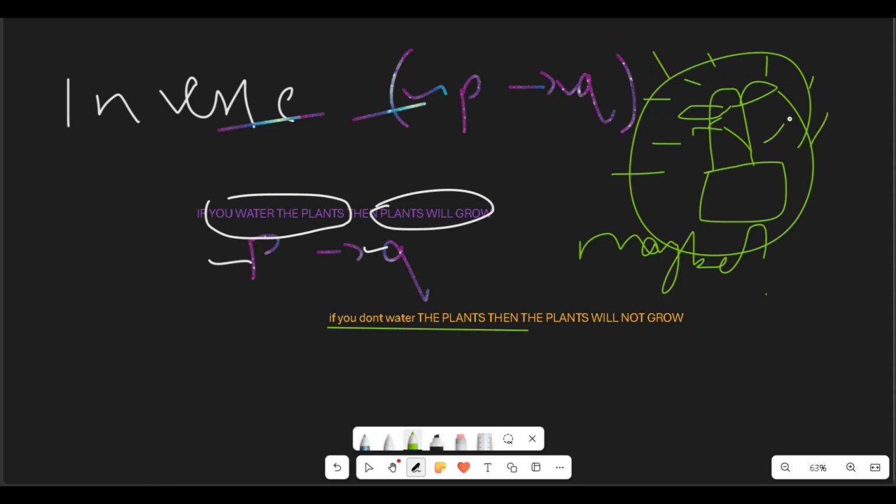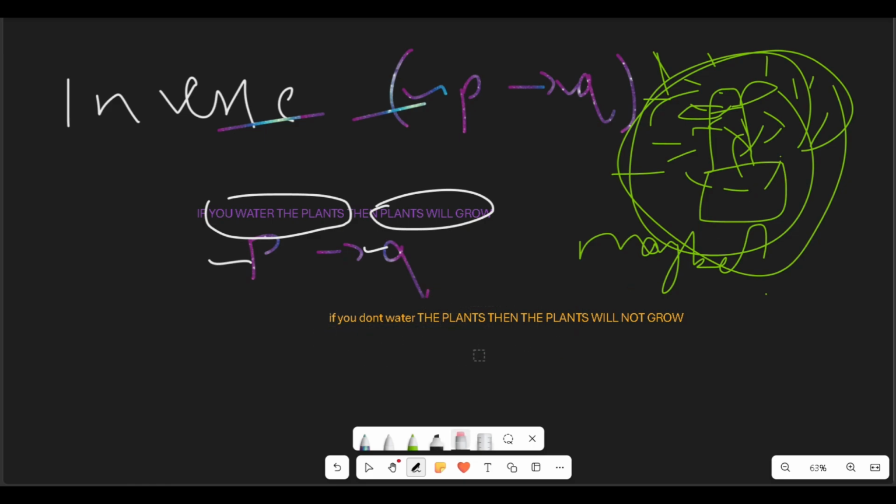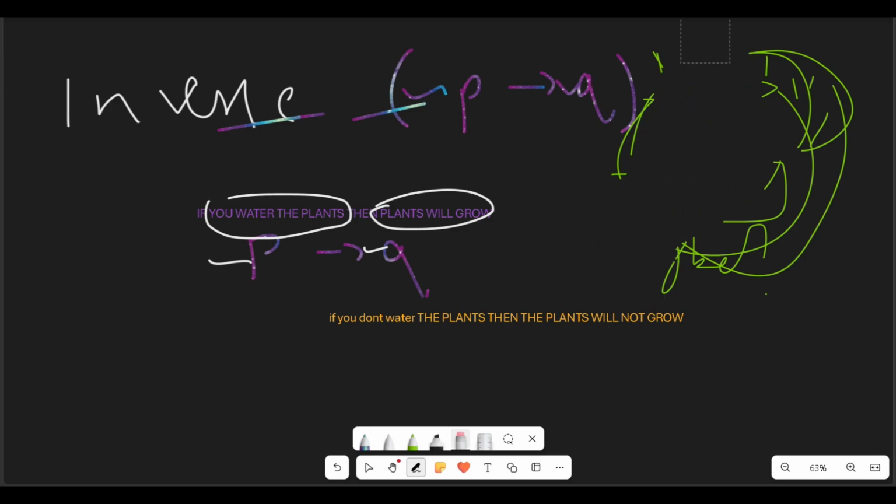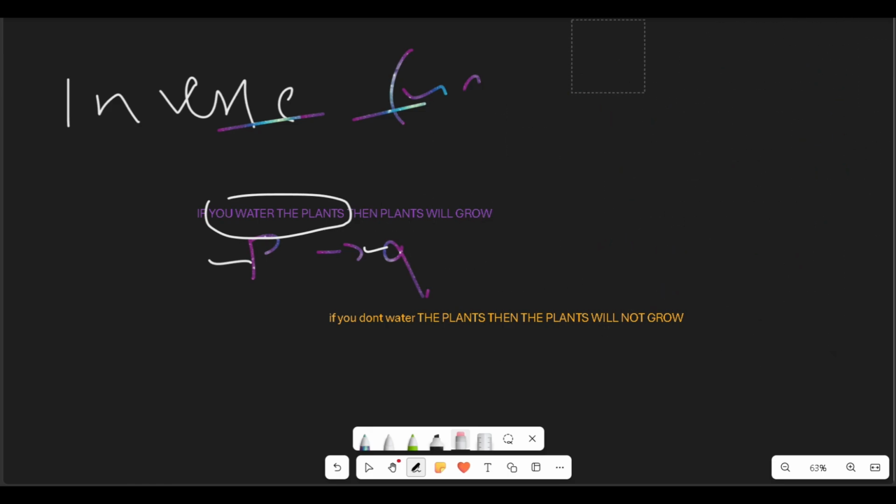Or maybe rain will fall and make the plant grow. So we cannot be definitive that if I don't water the plants, then the plants will not grow, because there are many factors such as rain and humidity and so on.